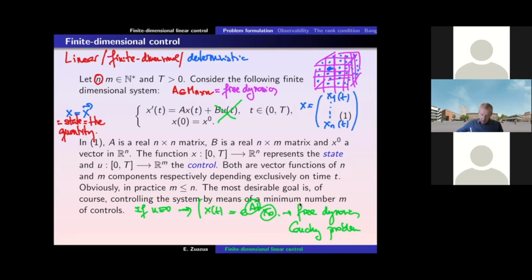Now, the point in control theory is that we are definitely interested in controlling the system. So for us, the key is that the control U will be there.